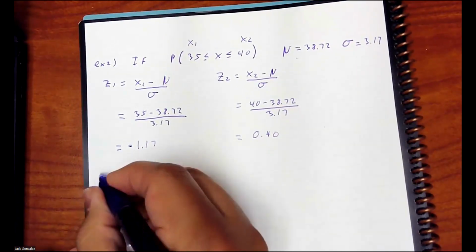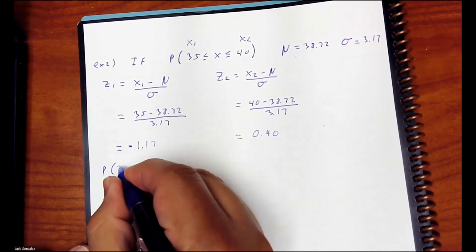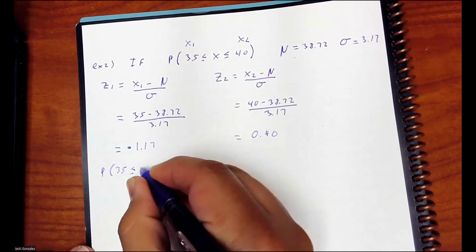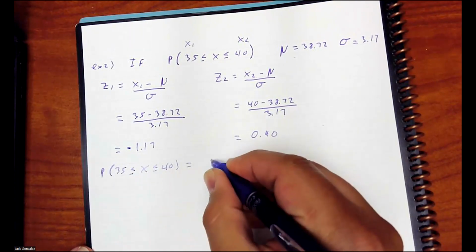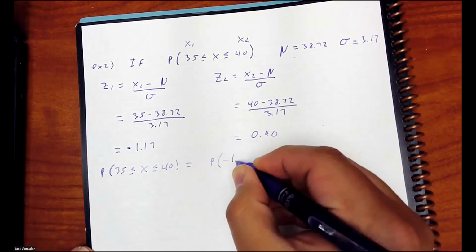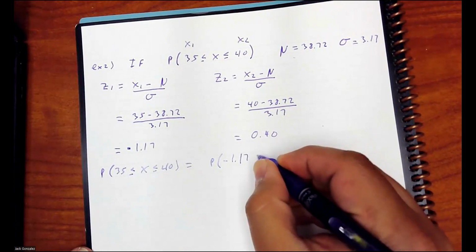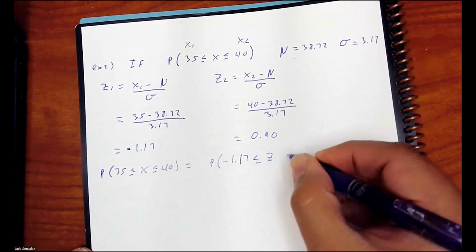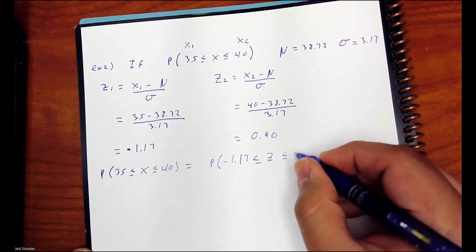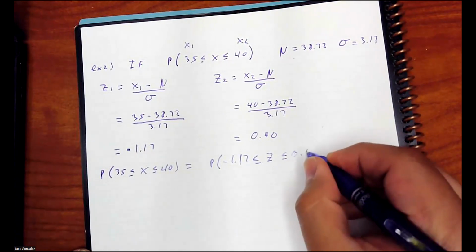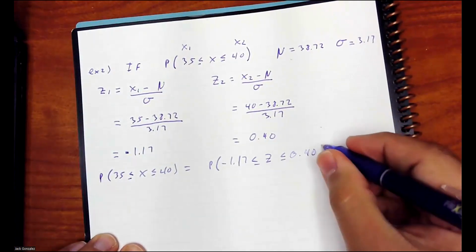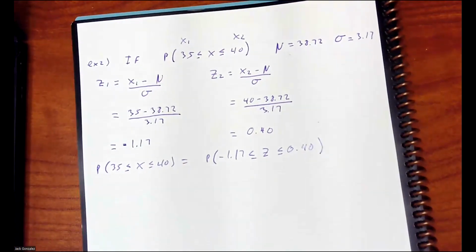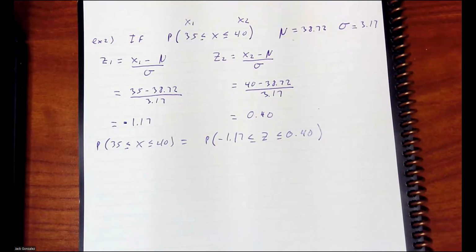So what you do is change these into z's. But there is no function that does an intersection. You have to do two separate parts.